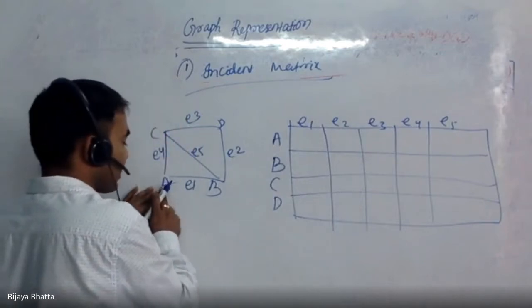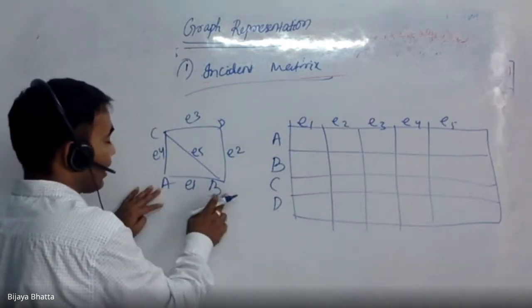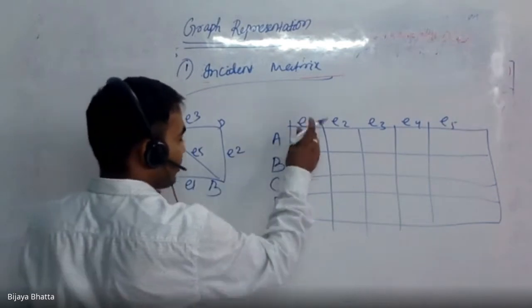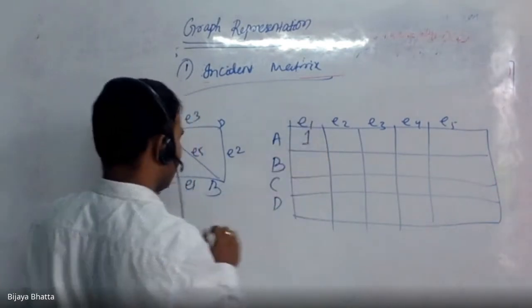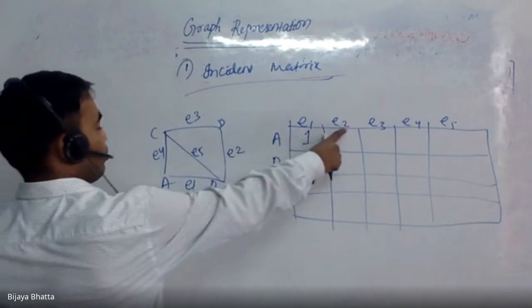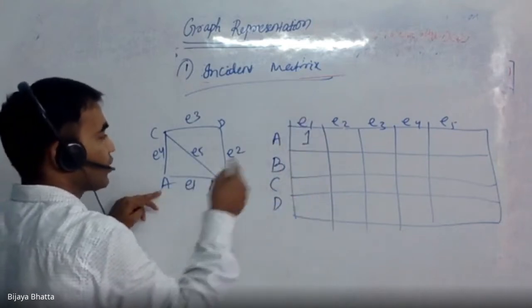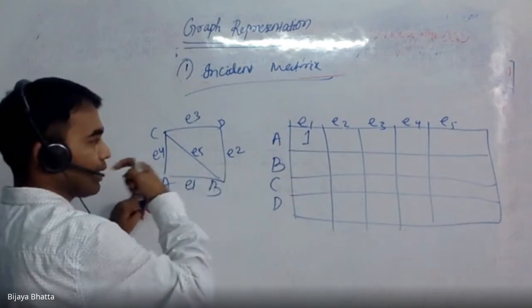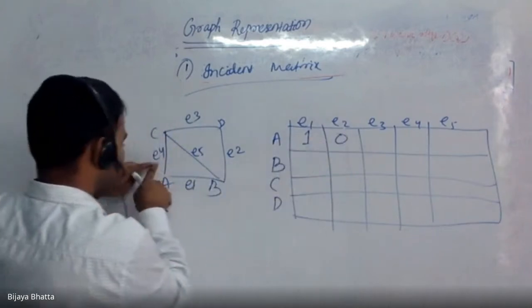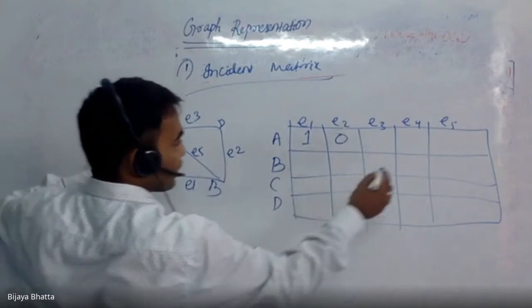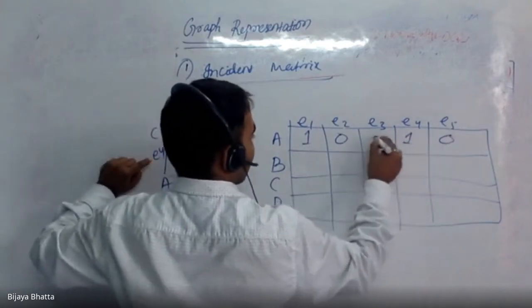So for A, does A have E1? Yes, so I will put 1. Does A have E2? No, A is not connected, so A is not incident on E2. But A is also connected to E4. Then all the others will be 0.